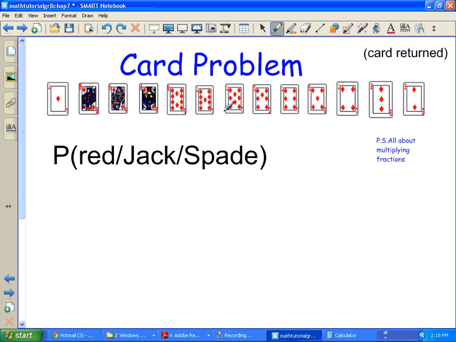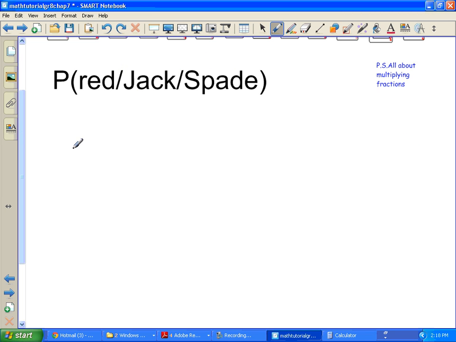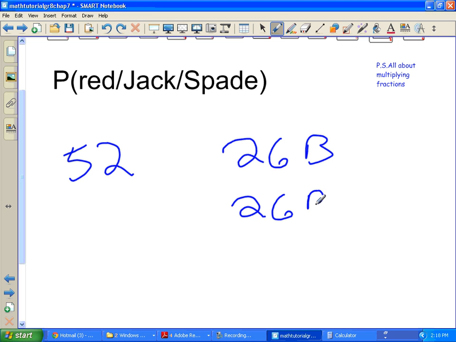Now, looking at card problems, because you're going to see card problems quite a bit. You just can't draw every single possibility in cards. It's impossible. But you have to remember one thing about cards. There are 52 cards in a deck. There are 26 black and 26 red.